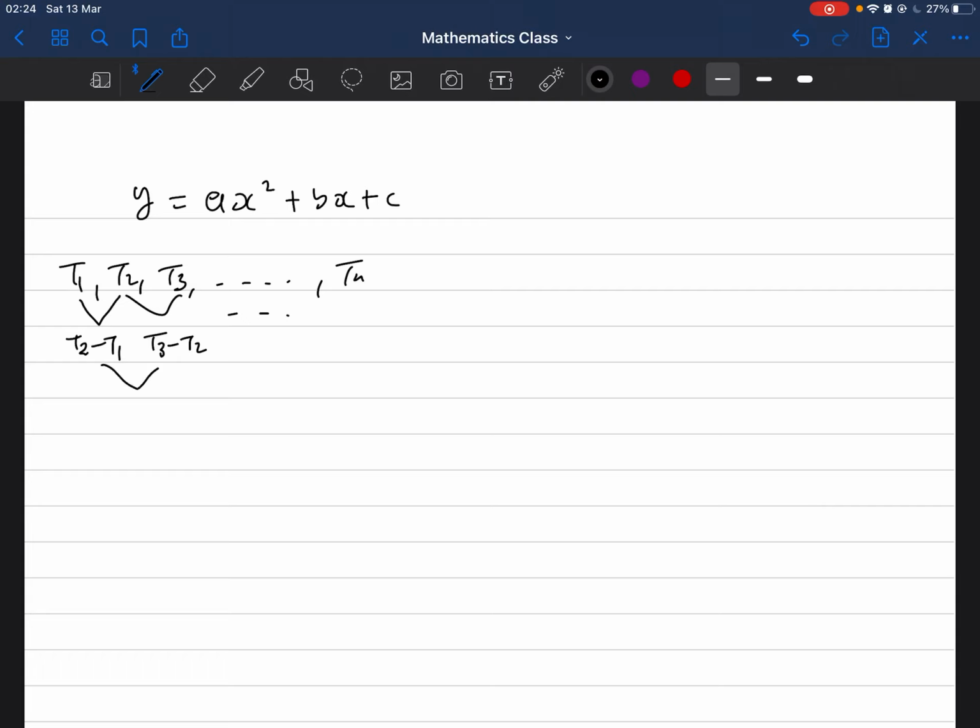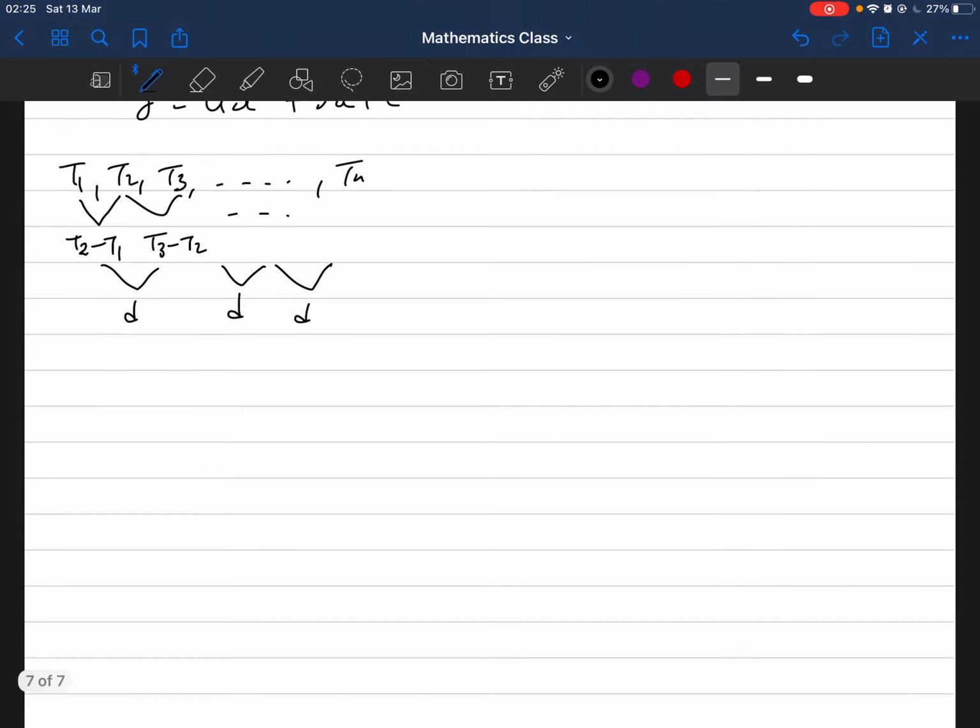There's another difference, let's call it D. If the first difference is different each time and the second difference is common, then that's your quadratic sequence.